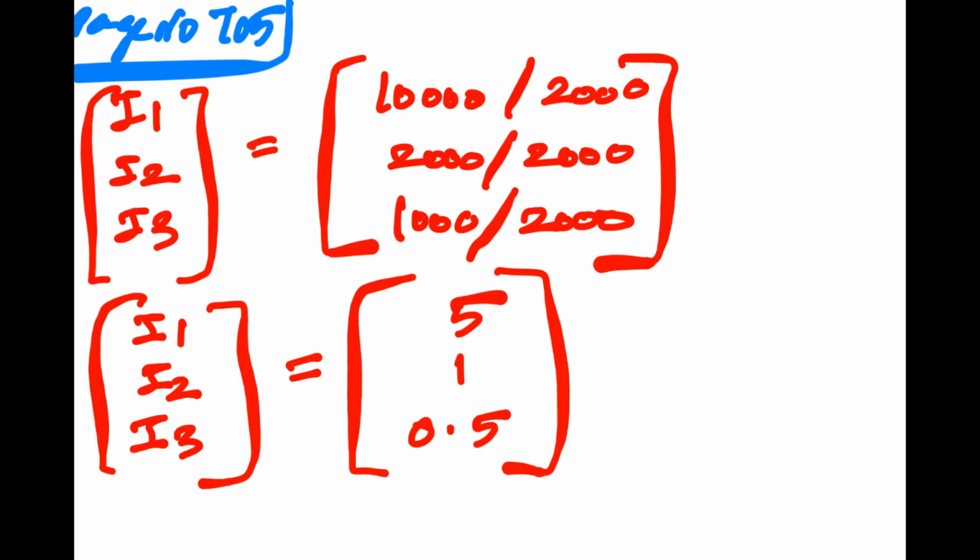Finally, mesh currents I1, I2, I3 values are found. Capital I1 is 5 ampere, I2 is 1 ampere, I3 is 0.5 ampere.